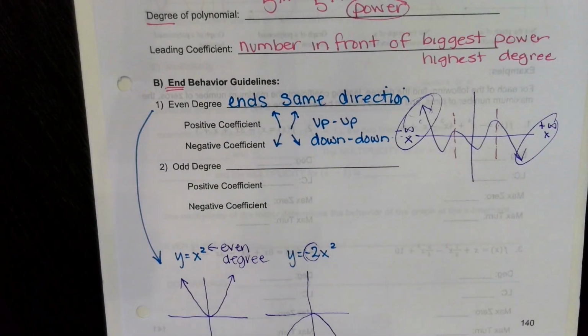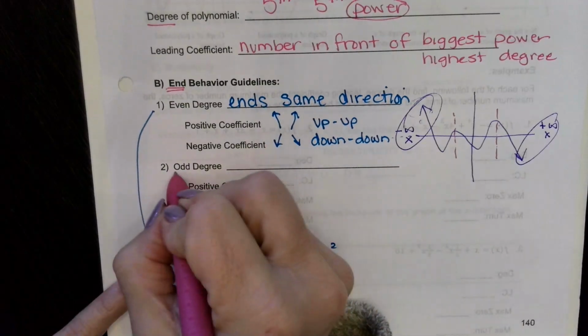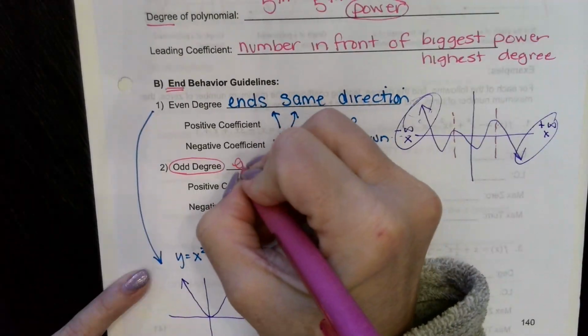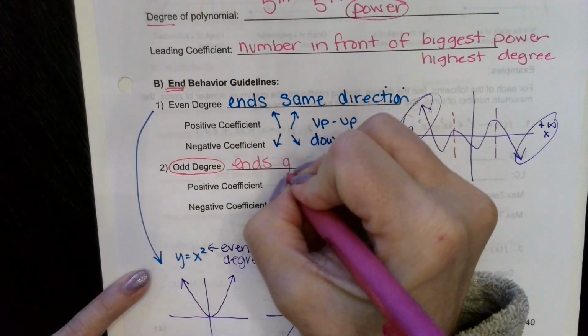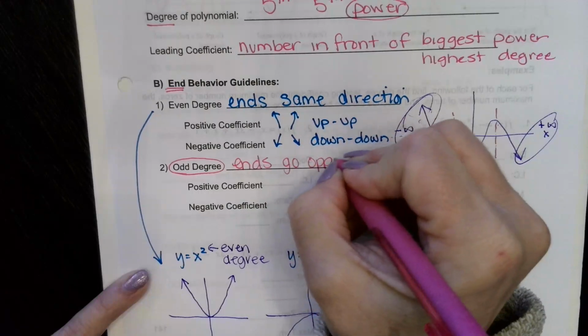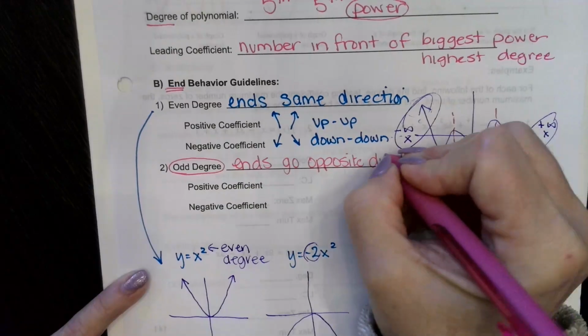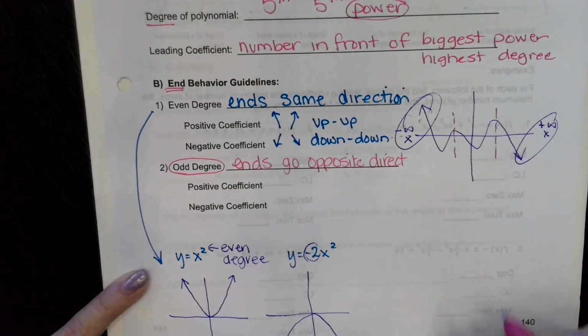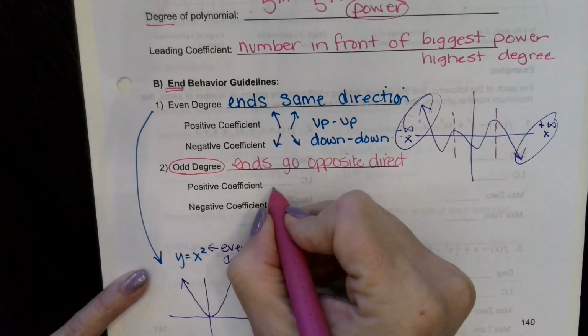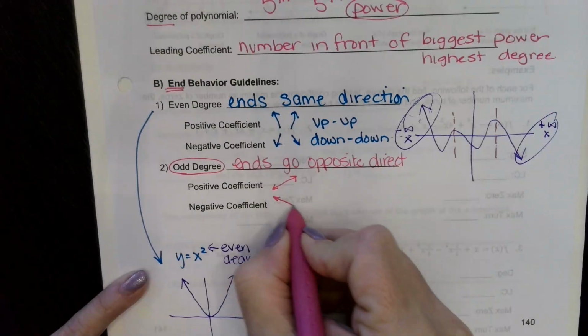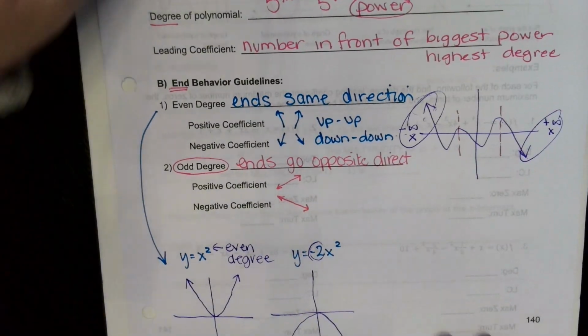Okay, now let's go up here and look at an odd degree. With an odd degree, the ends are going to go in opposite directions. So a positive coefficient, we're going to go this direction, and a negative coefficient, we're going to go in this direction.